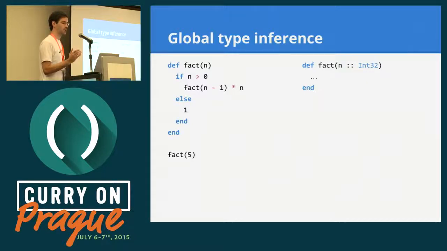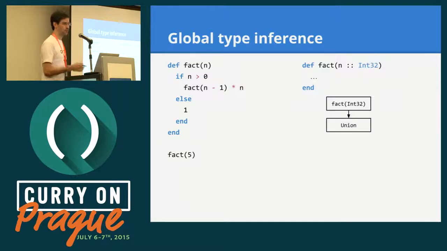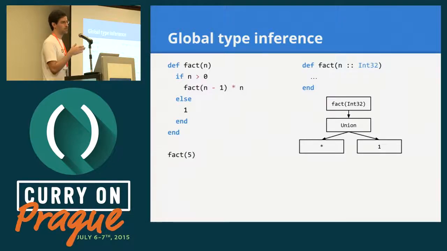And so its type will be the type union of the branches. And then we have the 2 branches. On one side we have a multiplication, and on the other side we have a literal. But let's start from the top, so it's the left, so it's a multiplication.